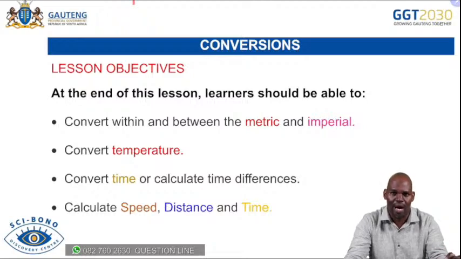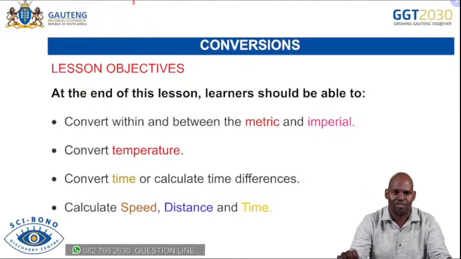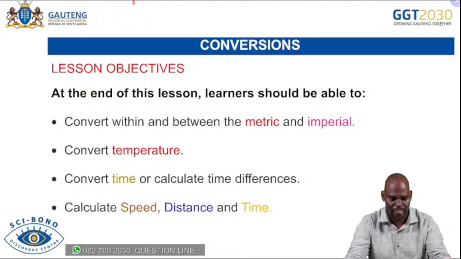We've got miles, inches, gallons, and so on. So you must be able to convert between metric units, that means centimeters to millimeters, kilometers to meters. And you must also be able to convert between metric and imperial, that means from inches to centimeters, from kilometers to miles, and so on.